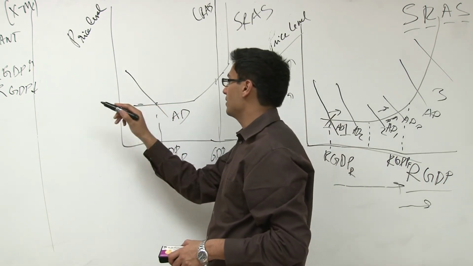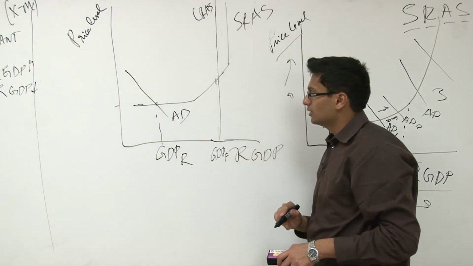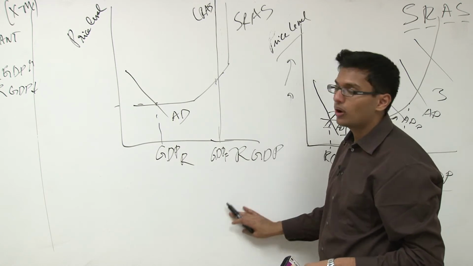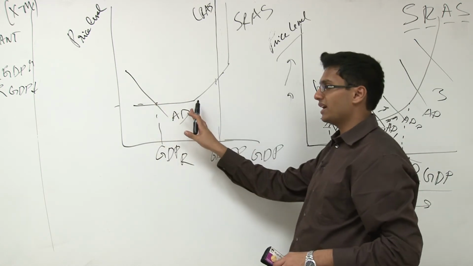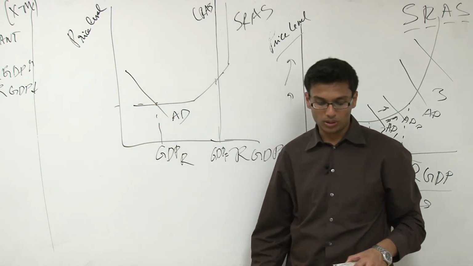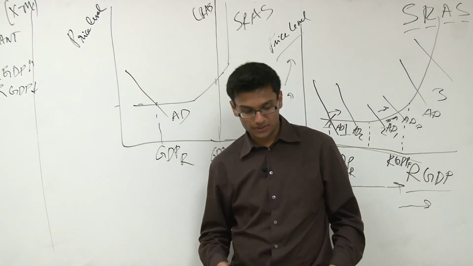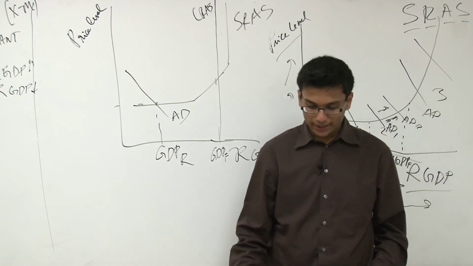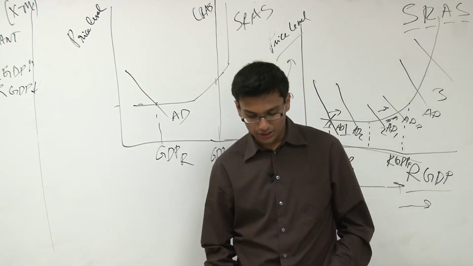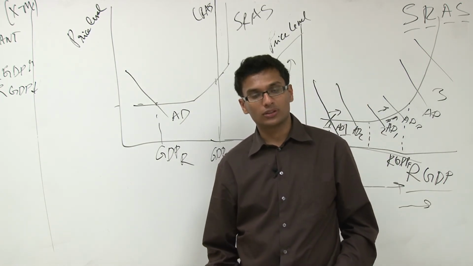My price levels are right about here, all right? So depending on what we do, our AD shifts either to the right or to the left. And we'll talk a little bit more in the next class about how we can shift this and what we call different shifts. But before I get into anything else new, we'll wait for the next lesson.